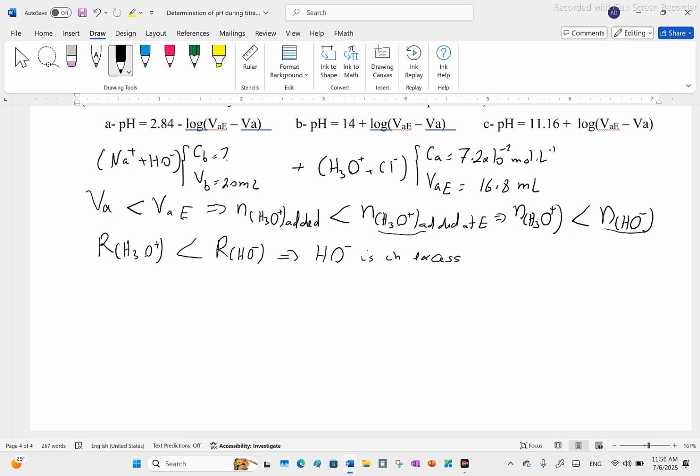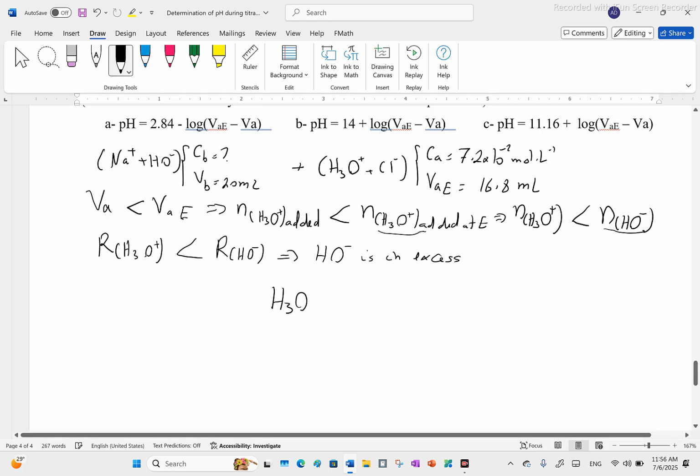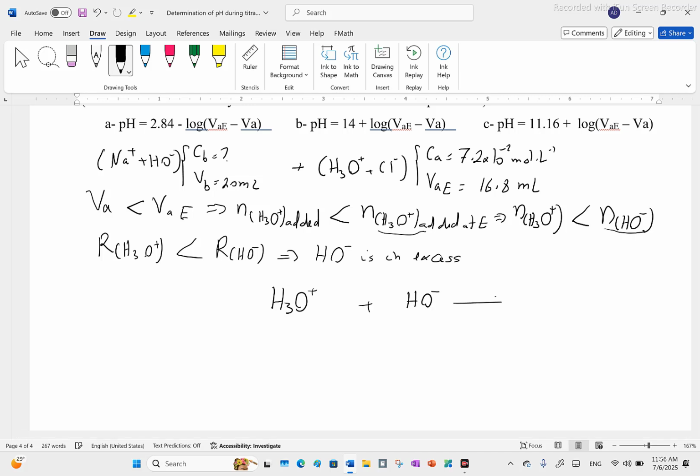We write the titration reaction: H3O+ plus HO− gives 2H2O. Number of moles introduced: CAVA for H3O+, CBVB for HO−, excess of water for water.